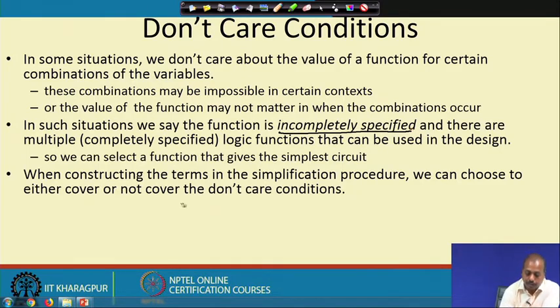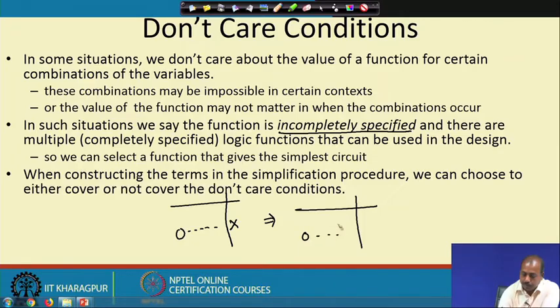So, truly speaking, if this is the truth table, then suppose for this particular combination, the output value is do not care. Then it essentially says that I can have two different truth tables. In one case, the rest of the rows get the values from here, but for this particular combination, the value was x. So, I make it 0, and the rest remains the same as this truth table.